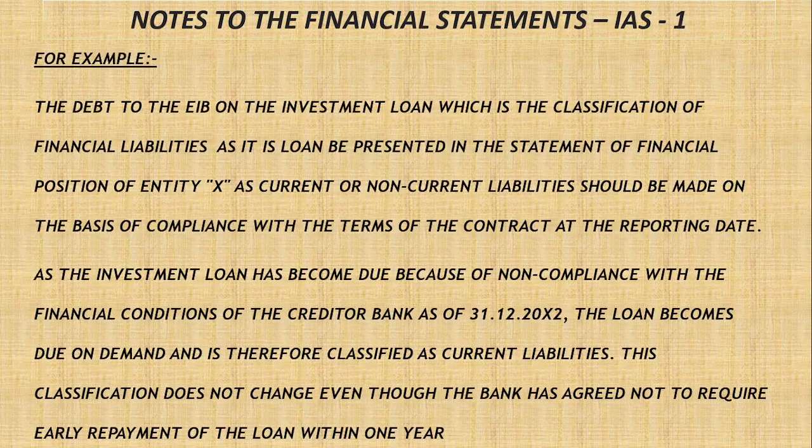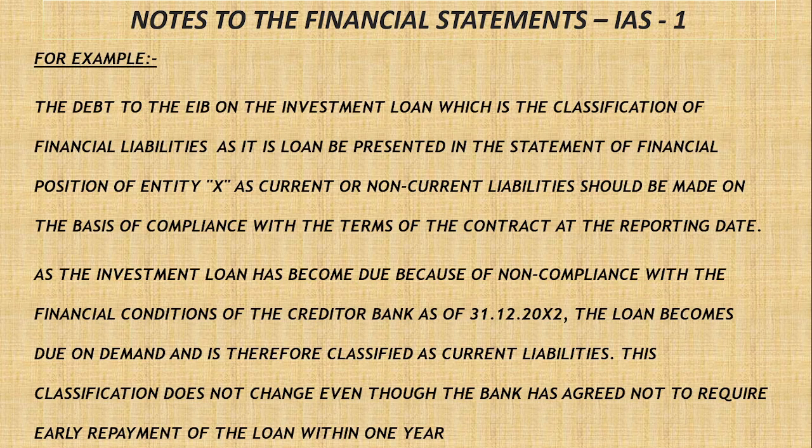For example, the debt to the EIB on the investment loan, which is the classification of the financial liabilities, as it's a loan, be presented in the statement of financial position of entity X as current or non-current liabilities should be made on the basis of compliance with the terms of contract at the reporting date.